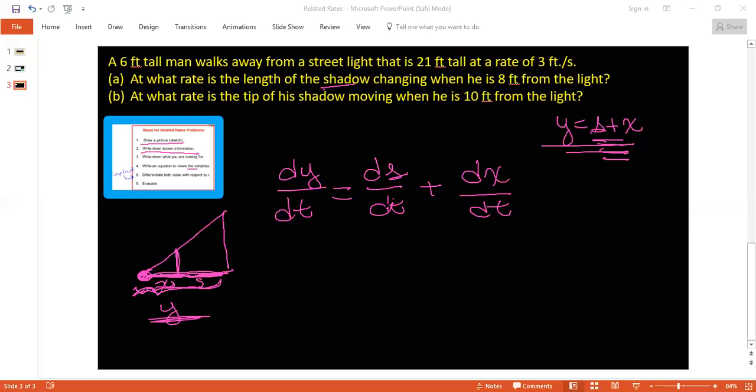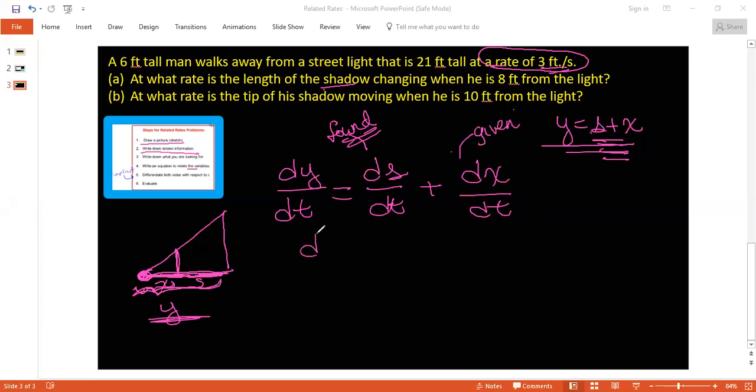With what I have, we found ds/dt just in part A, and they gave us dx/dt because he's moving at a rate of 3 feet per second. So we already know that, so that's given.